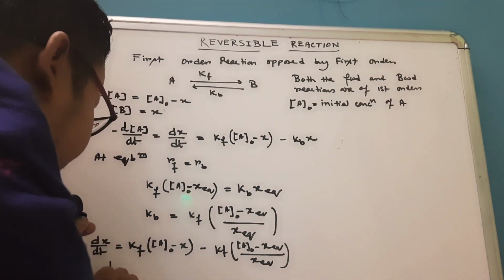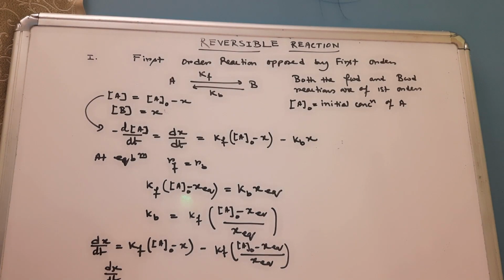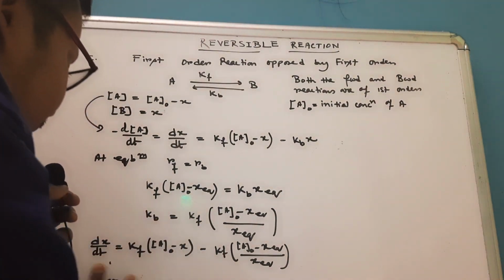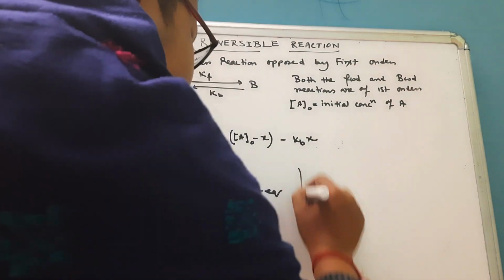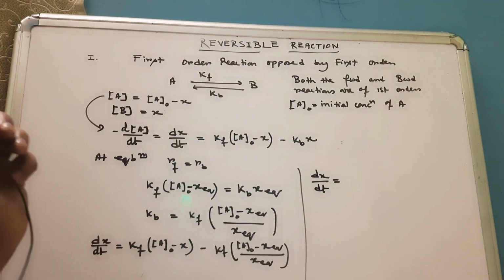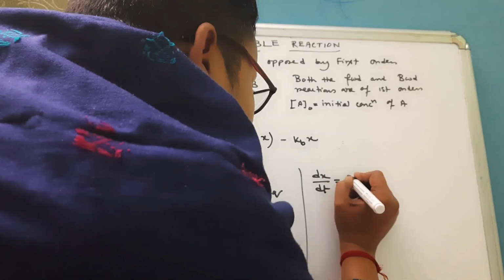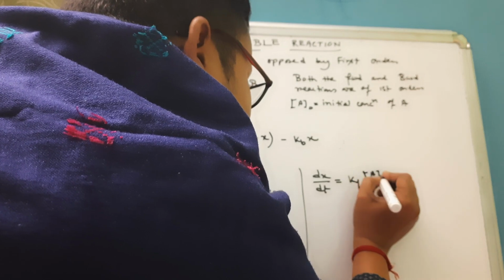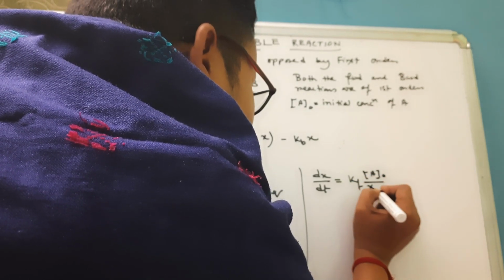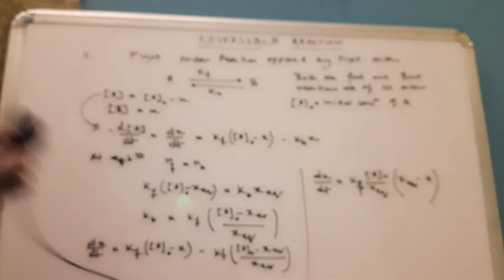From here we get dx by dt equals Kf A0 by x equilibrium into x equilibrium minus x. So this is our main equation here.